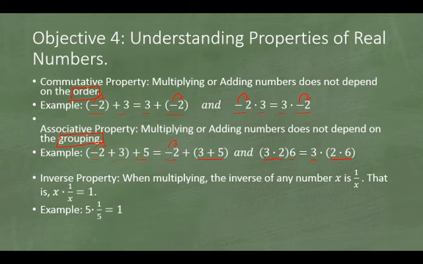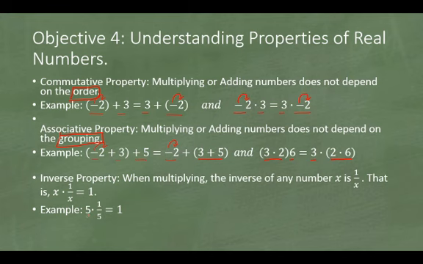its number. The inverse property of numbers. When multiplying, the inverse of any number x is 1 over x. What that means is that x times 1 over x, a number times its inverse, is equal to 1.